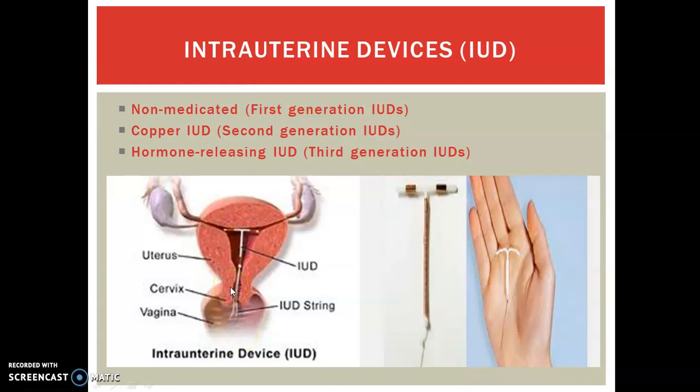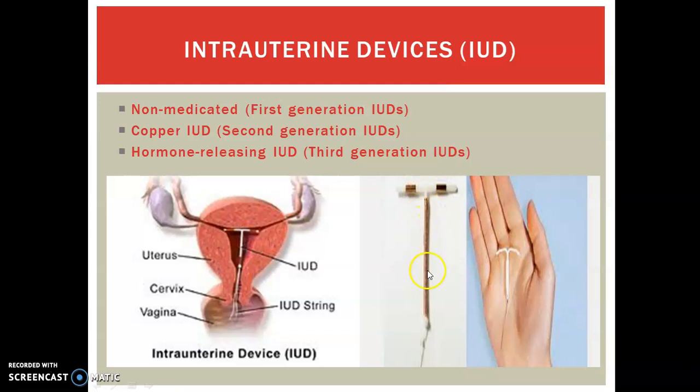There are three types of intrauterine devices. Non-medicated devices are the first generation intrauterine devices. The second generation intrauterine devices include the copper intrauterine devices, or the copper T. In this picture you can see the copper T. The copper T is a plastic material, and copper wire is wrapped around the stem.